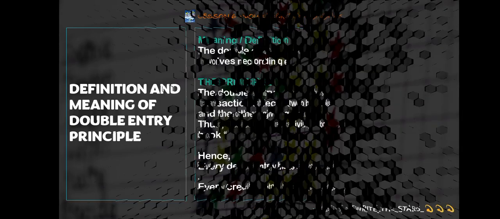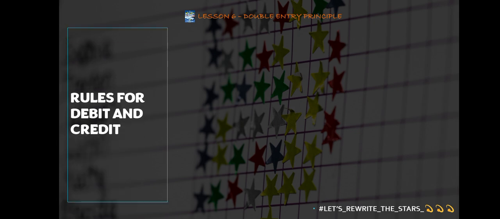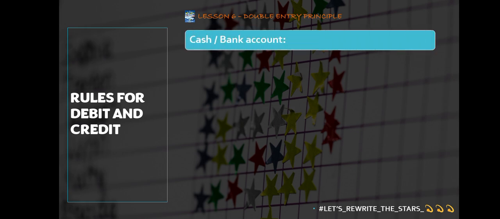Good. So let's continue to our next objective for today, which is the rules for debit and credit. How are we going to tackle debit and credit with real-time transactions? We will first look at the cash or bank account.